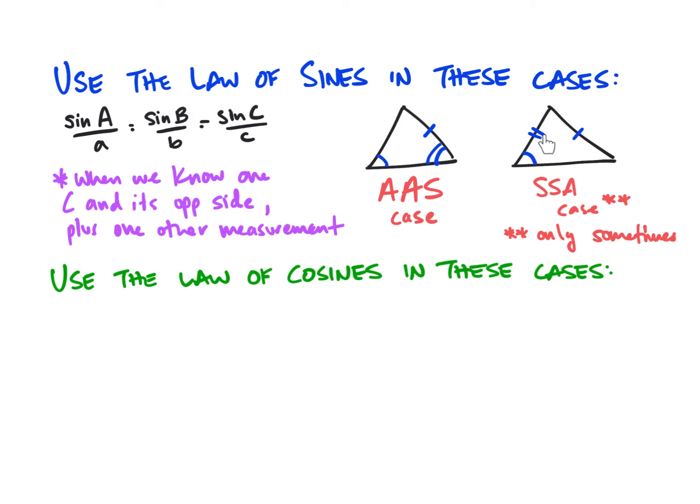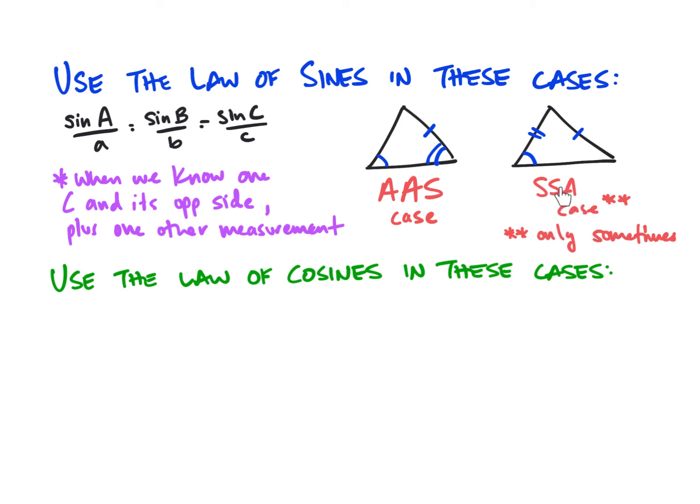Sometimes there's actually going to be two triangles that could be made using a certain combination of angle measure and side length. So as you get into higher level classes, Algebra 2 and Pre-Calculus, you'll learn under what situations the side-side angle case works and under what situations it doesn't really work.